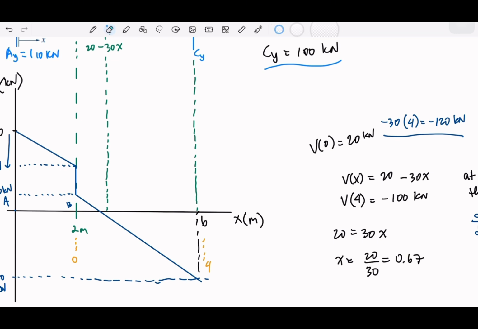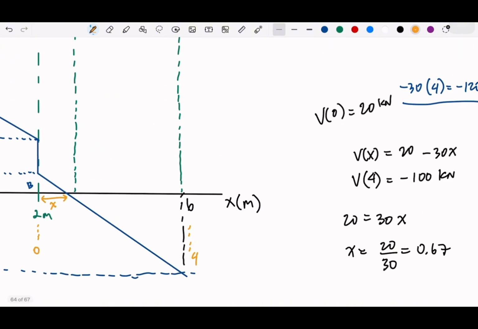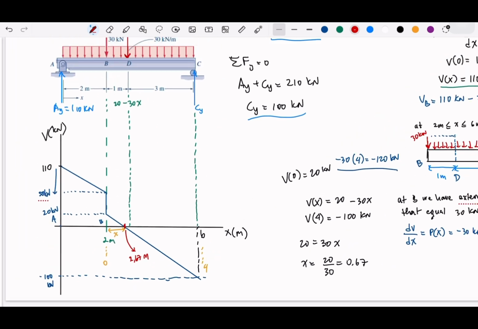So this x means additional, that will be this x. Okay, this is x. The point here is, I think, important to take, because it's changing from positive value to negative value. This is at 2.67 meters, okay?